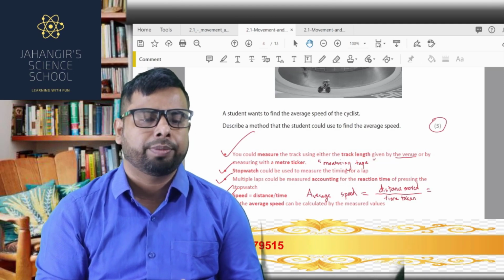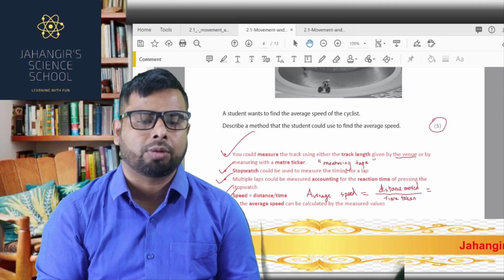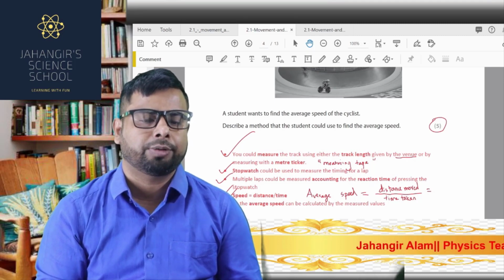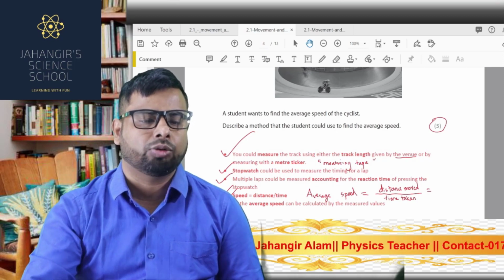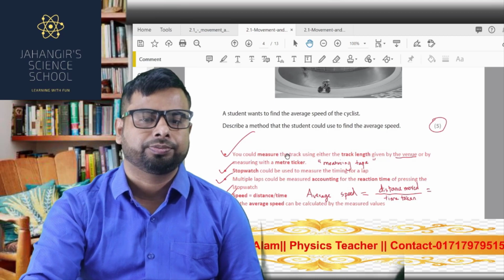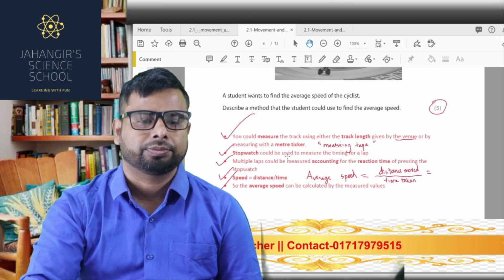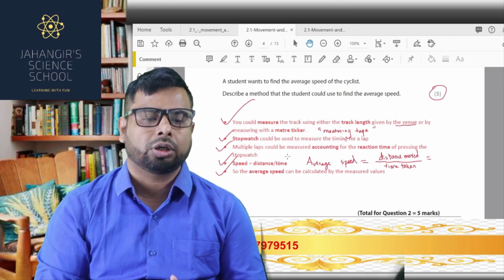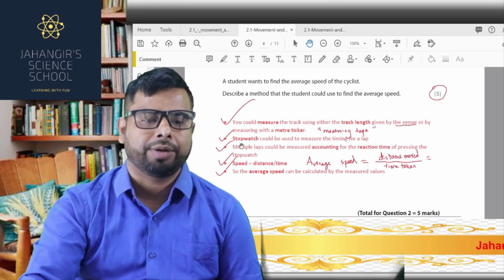Multiple laps could be measured, accounting for the reaction time of pressing the stopwatch. Average speed equals distance moved divided by time taken. So the average speed can be calculated by measured values. Total for question 2 is 5 marks.